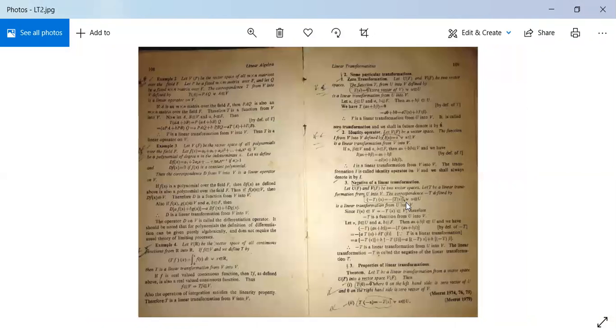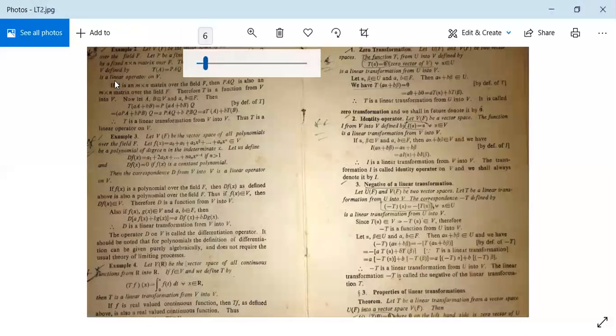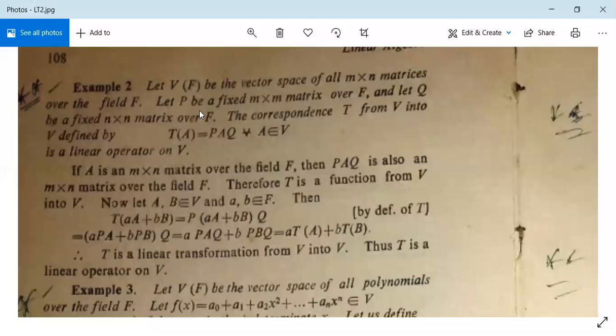Let us see one more example. See here, example 2. Let V(F) be the vector space of all m by n matrices, since V contains the matrices of type m by n over the field F. Now let P be a fixed m by m matrix.